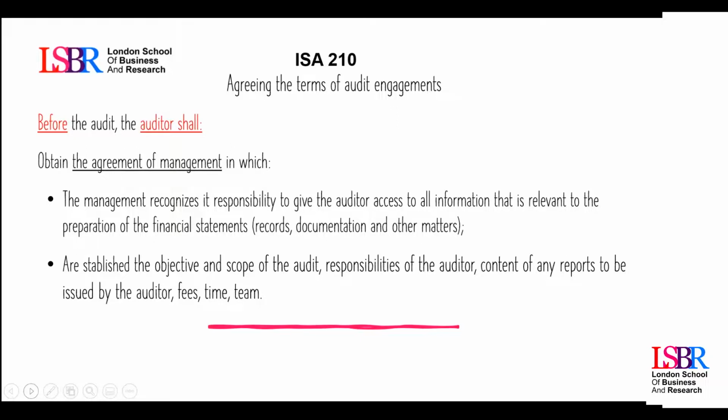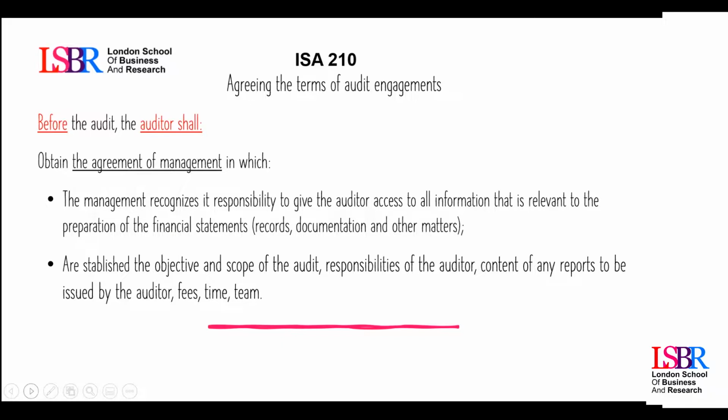The scope includes the auditor fees, the time we charge the team. So this agreement of management is necessary to start an audit. Basically it is a document that the auditor and the company need to sign off.